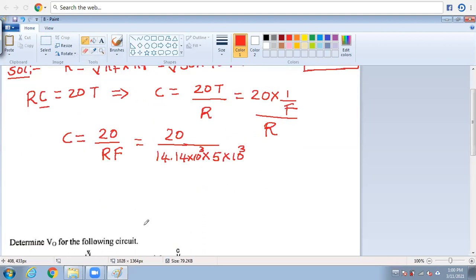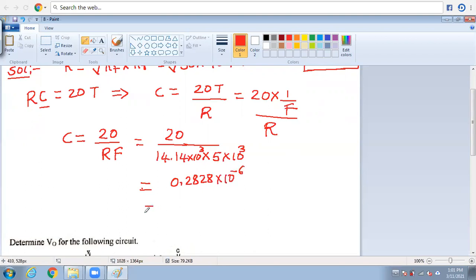Doing all mathematical calculations, this C value is around 0.2828 into 10 to the power of minus 6.